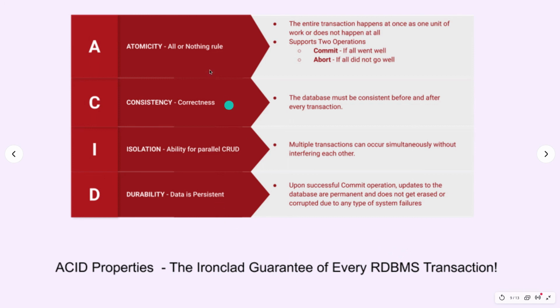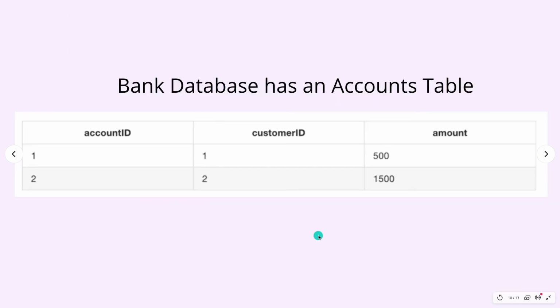And let's understand all of these properties with an example. So to understand ACID properties of RDBMS, let us take this very simplistic example of a bank database which has an accounts table.